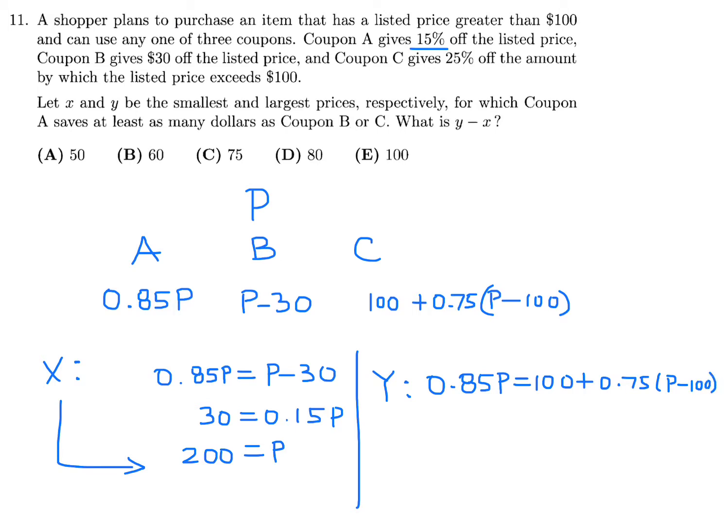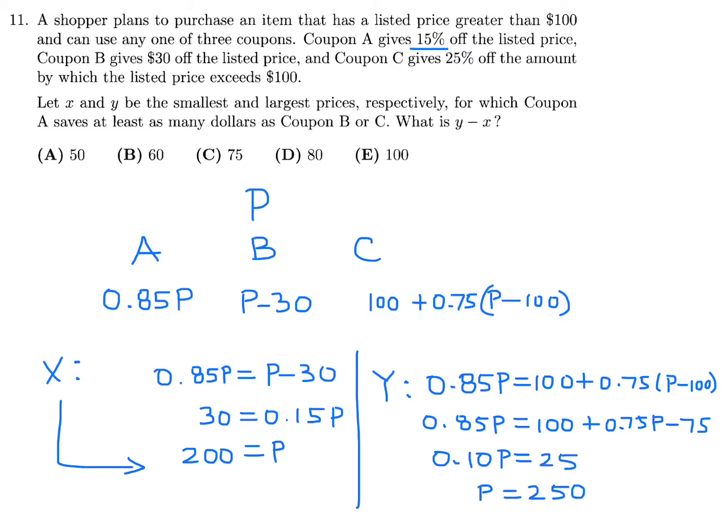Solving this one, we get 0.85P is equal to 100 plus 0.75P minus 75. And then put everything on one side, collecting like terms, and you get 0.1P is equal to 25, and therefore P is 250.